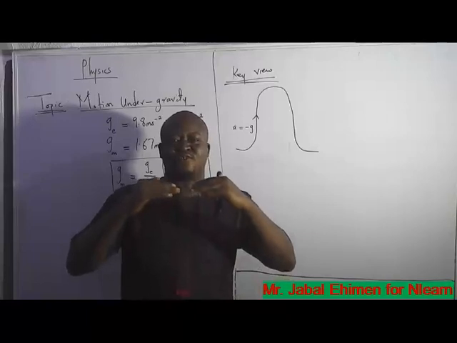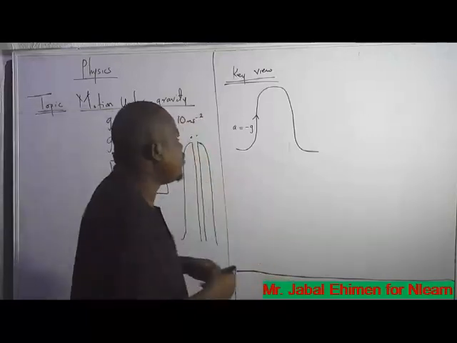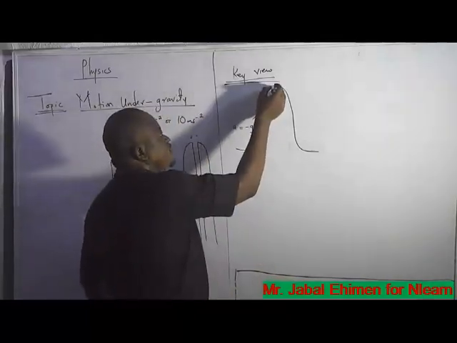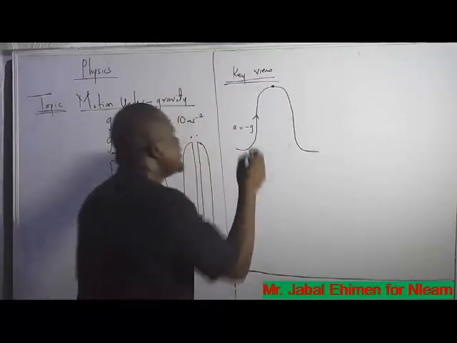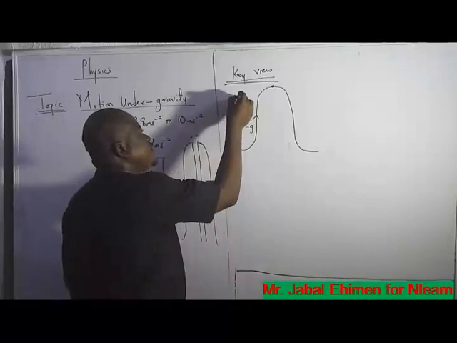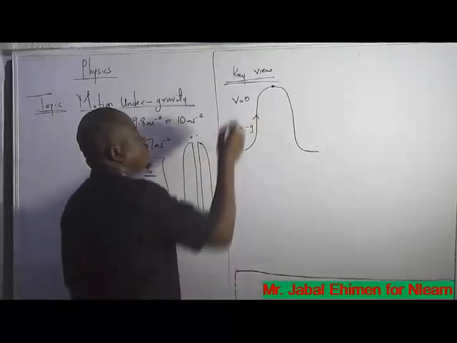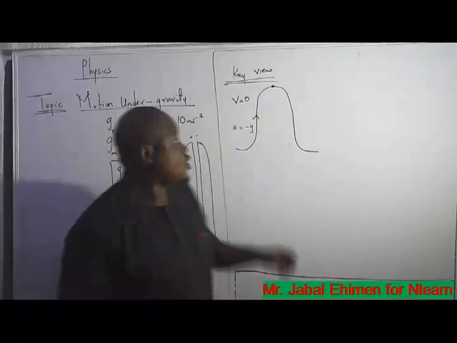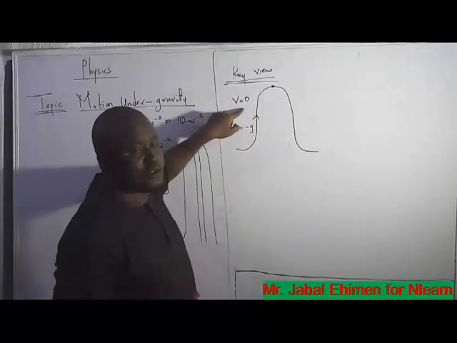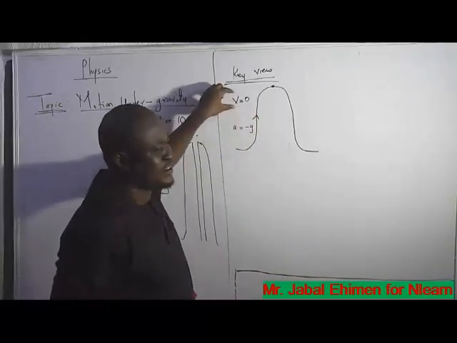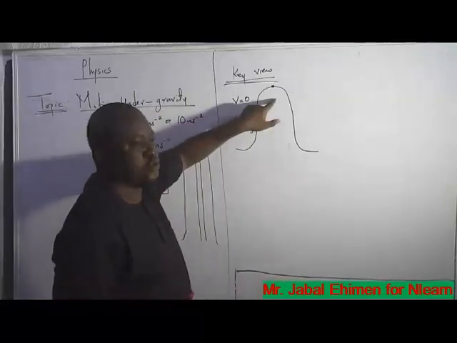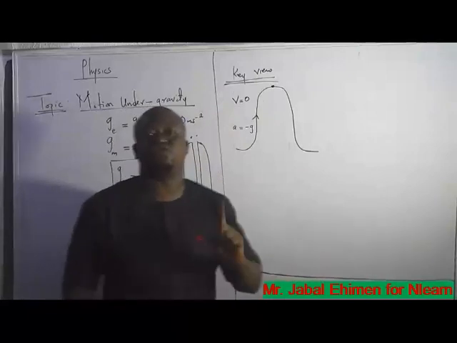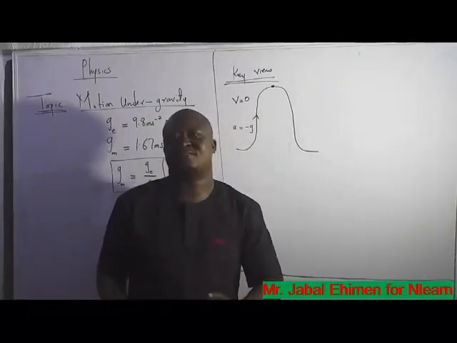It will reduce until it gets to the maximum height. At that point, the value of its final velocity is equal to 0. So take note of this. When a body is moving upward, the final velocity v is equal to 0, and the acceleration due to gravity is negative.